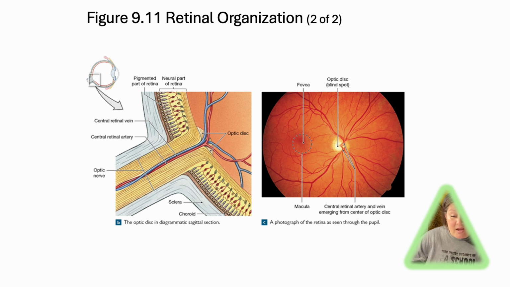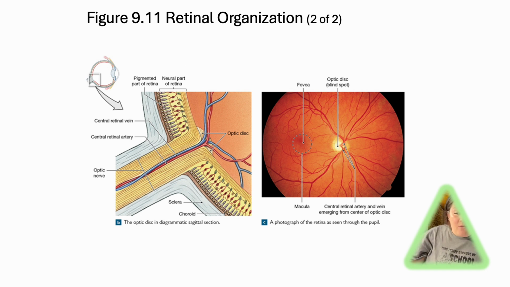Optic nerve then is, recall from our nervous chapter, cranial nerve number 2, our optic nerve. We have 2 eyeballs, 2 optic nerves, and that's one way to remember the cranial nerve number 2, optic nerve.